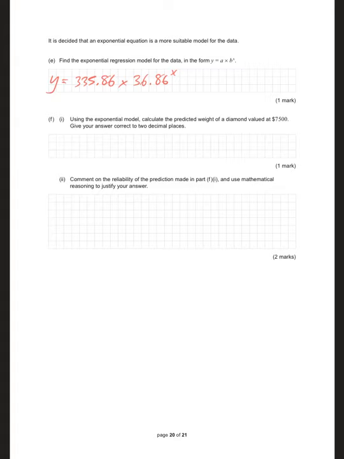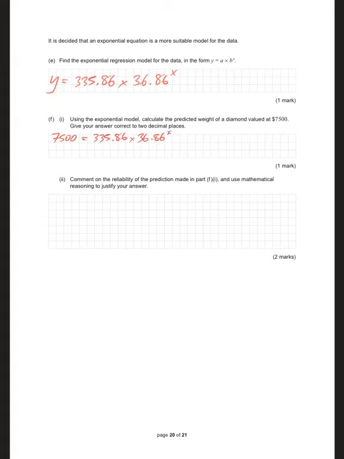Using the exponential model, calculate the predicted weight of a diamond valued at 7,500. So you're not given the weight, you're trying to find the weight, you're given the value. So you're trying to solve 7,500 equals 335.86 times 36.86 to the power of x, and x is the weight.